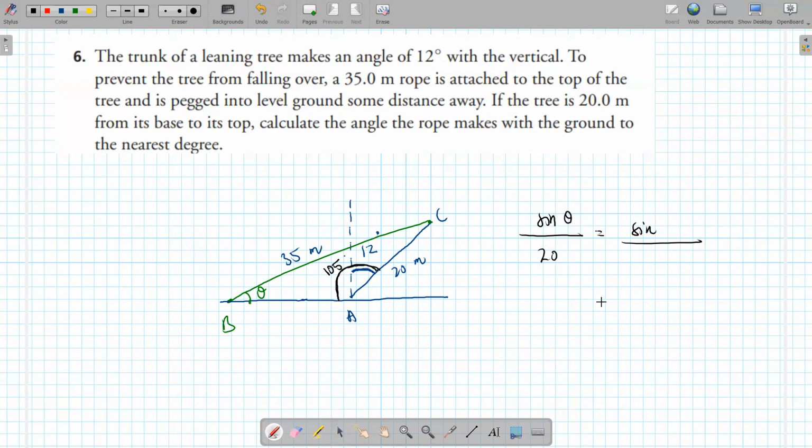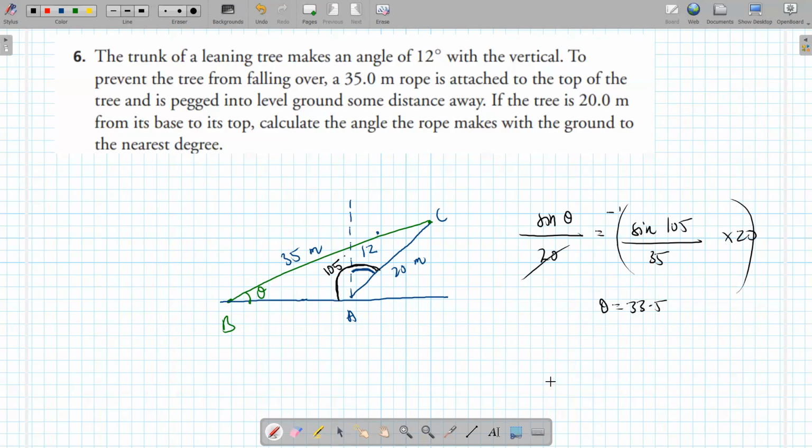Use the other two numbers that we haven't used. Sine of 105 over 35. That's correct. Very simple from here. You multiply both sides by 20, and then you do sine inverse, and you'll get the answer. So let me plug that in, times sine of 105, and then sine inverse of that gives me an angle of 33.5.